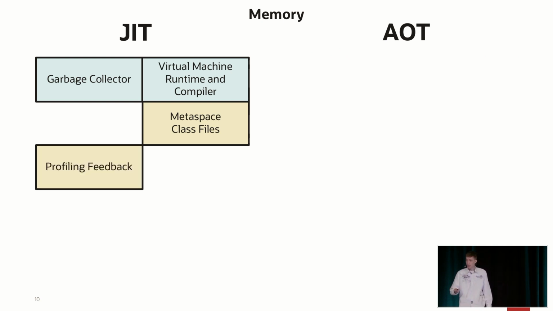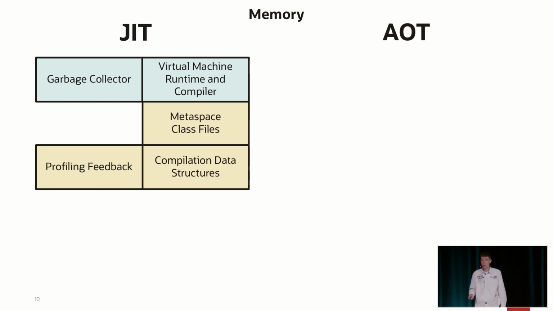Then the profiling feedback also occupies memory because the interpreter, when it gathers information about what types are used in the application, also has to store it in memory. And it occupies memory on the machine that the Java program is running on. The compiler needs memory when it does the actual compilation. These memory requirements can be quite high.